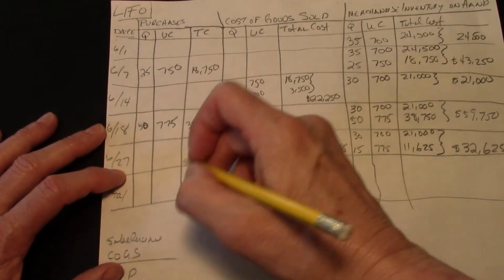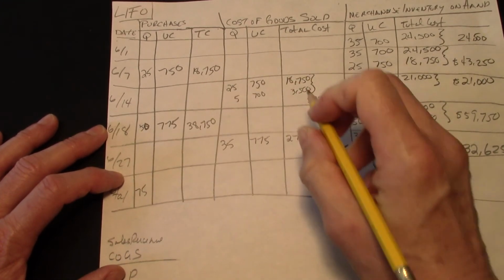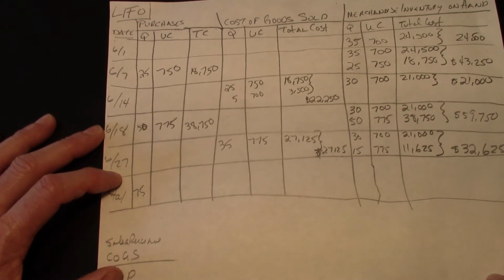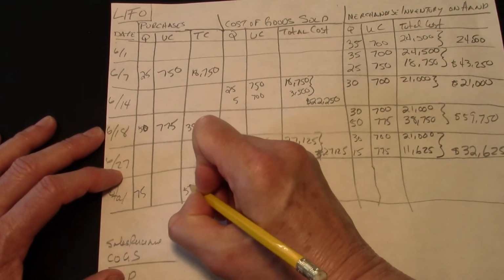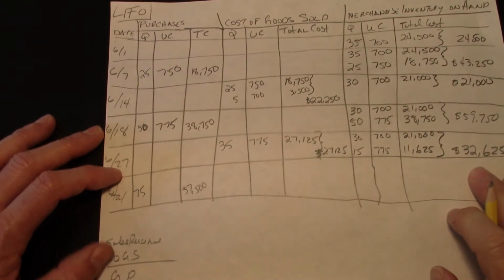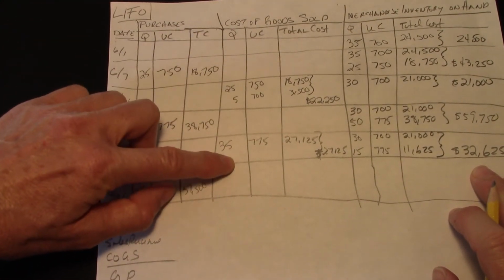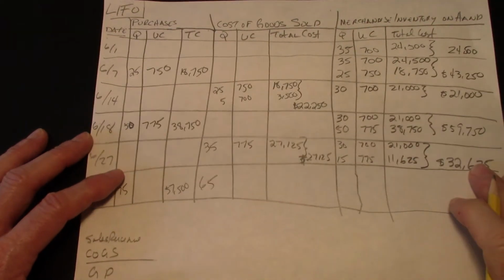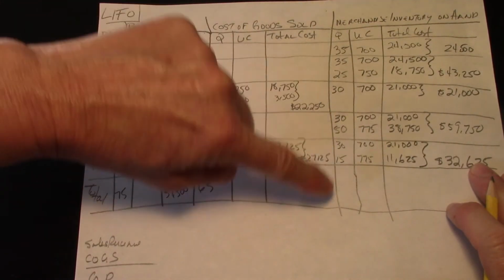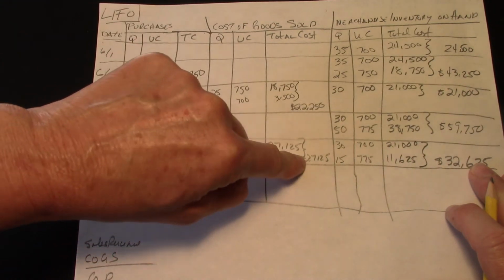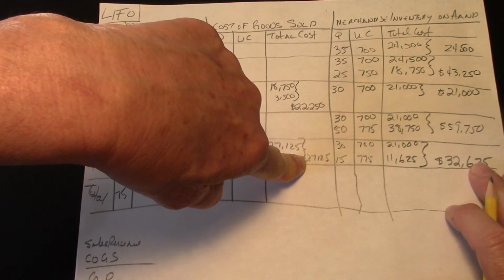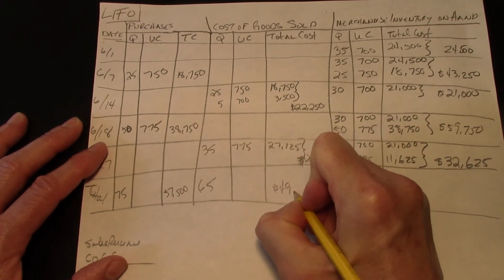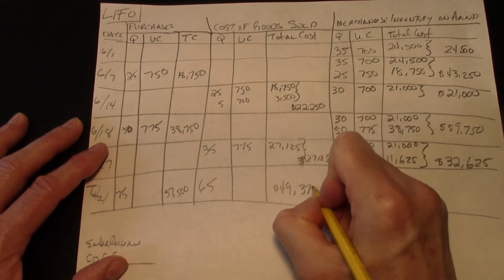Alright, so now we want to go through and get our totals because we need that. So on the purchases, we purchased 75 and we have a total cost of $57,500. On the sales, we still sold 65, right? That didn't change. But this time, when we add the two costs of goods sold, 22,250 plus 27,125, our total cost of goods sold ends up being 49,375.